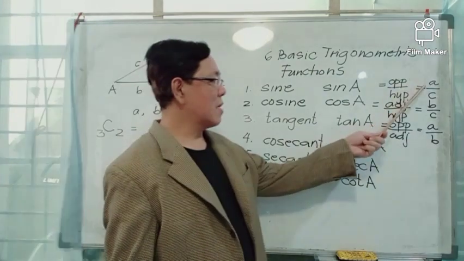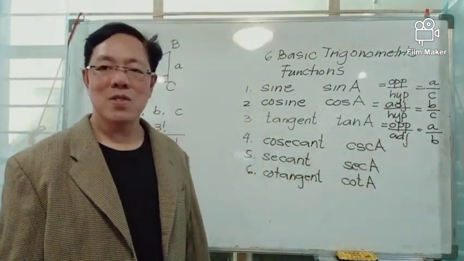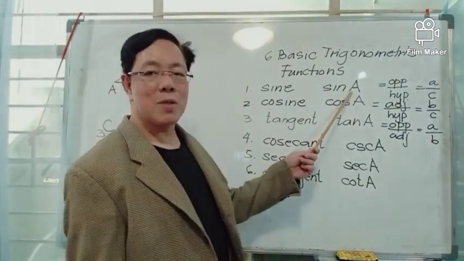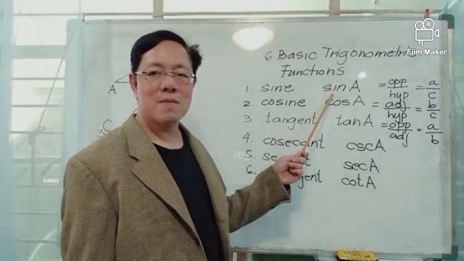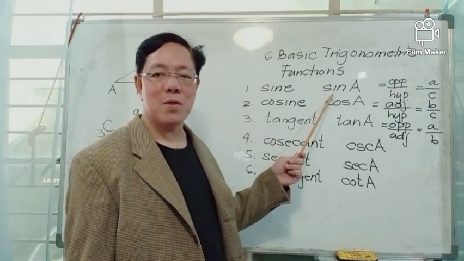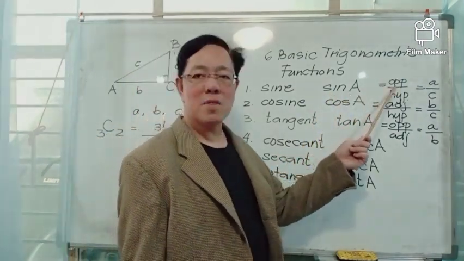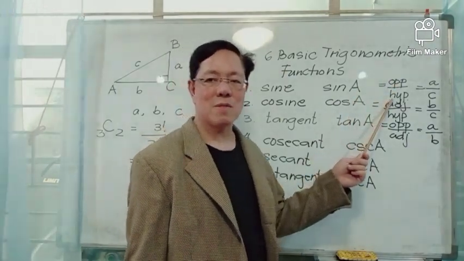So these are the three ratios that can be formed using two sides of a right triangle with reference to the acute angle A. Again, the sine of an acute angle is defined as the ratio of the side opposite the acute angle and the hypotenuse.